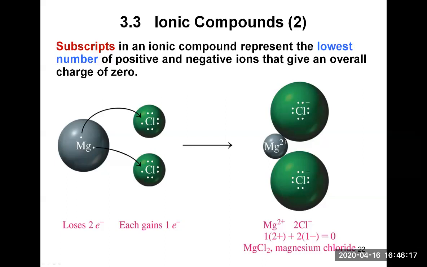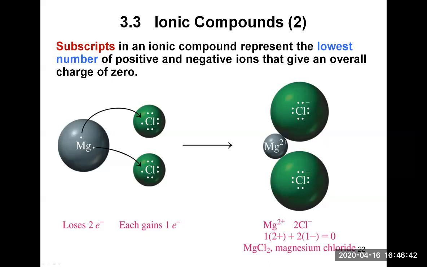And so the magnesium brings 2 positive charges, and the chlorines each bring 1 negative charge, but there are 2 chlorines, so in total it's 2 negative charges. And so the 2 positive charges from the magnesium are cancelled out by the 2 negative charges from the 2 chlorines. And so together, this will be a neutral compound.